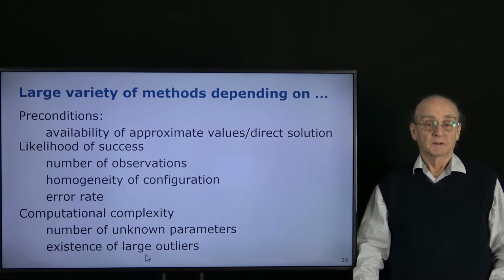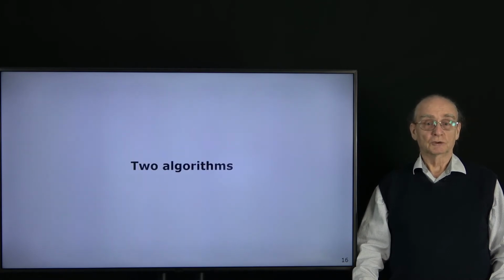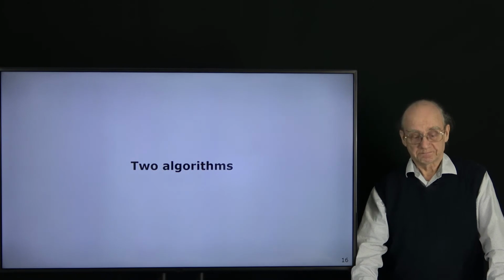And of course, the methods depend on whether there exist large outliers or only medium or small outliers. This makes an effect on which method you might use or design. So there are a lot of these methods which I don't want to sketch. I only want to show you 2 algorithms.